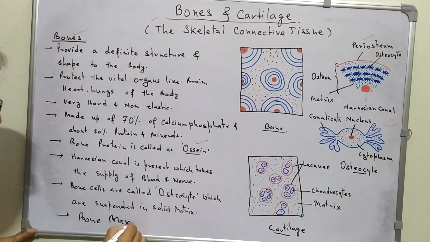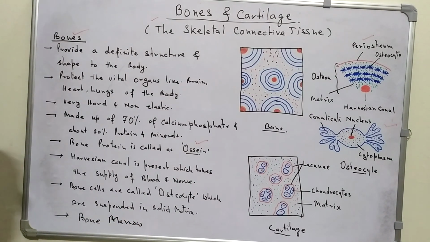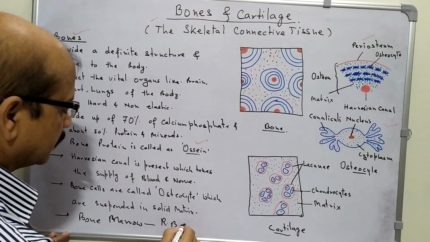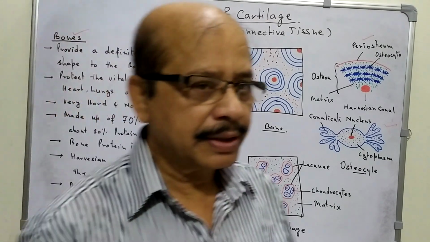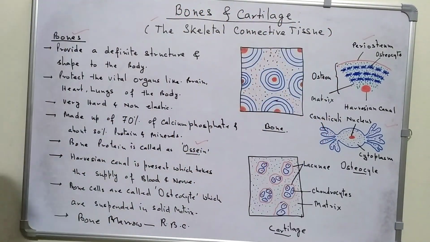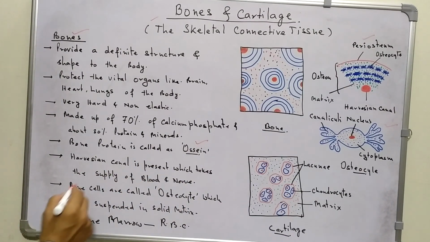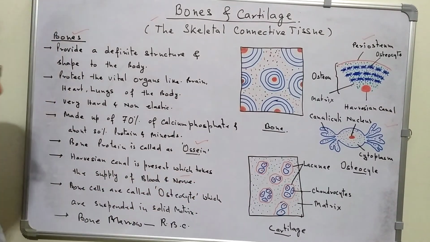Bone marrow takes part in the formation of RBC, so RBC is formed inside the bone marrow. Now the Haversian canal is present. It takes the supply of blood and nerves.